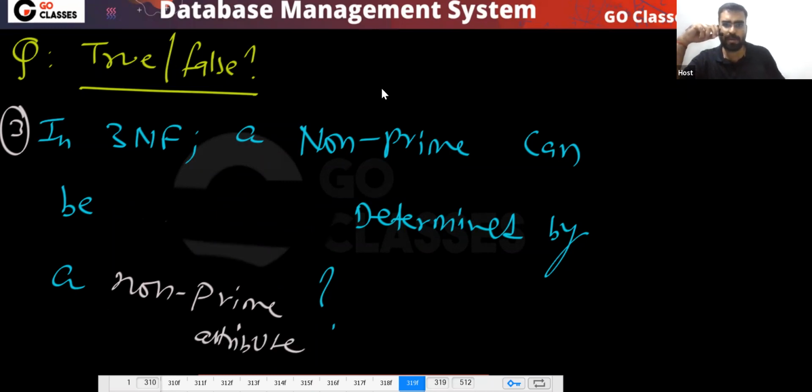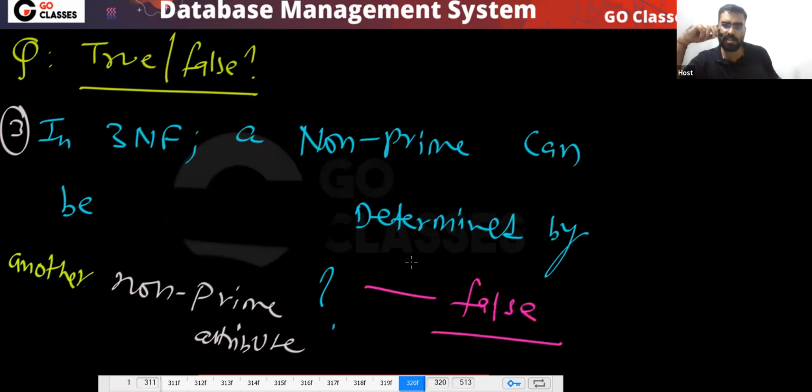Just remove the word transitive. In 3NF, a non-prime attribute can be determined by another non-prime attribute. So this statement is false. This is the problem. This cannot happen.